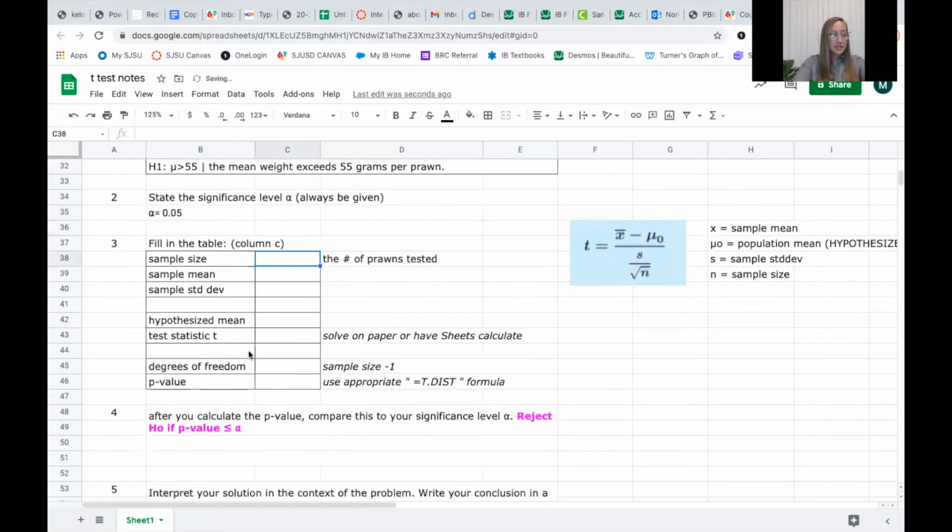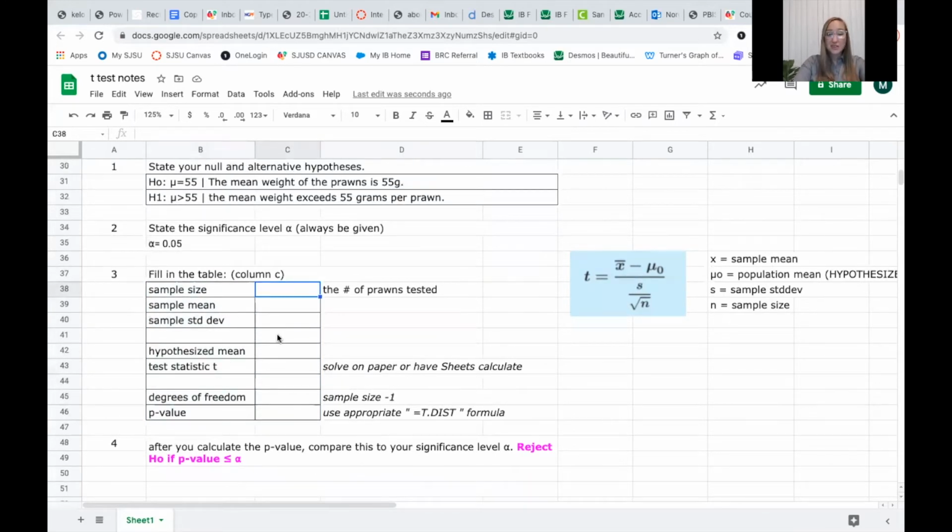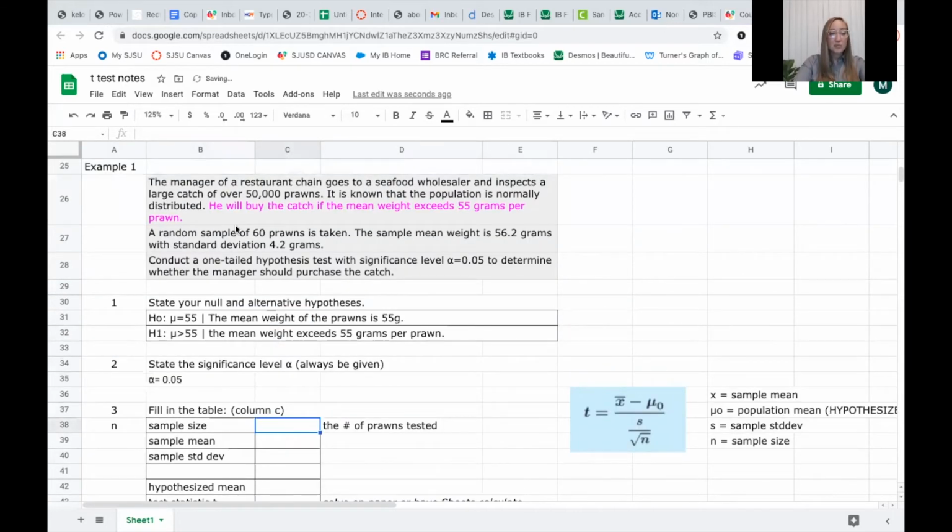All right, and then on our practice Google Sheet, we have a table to fill in. So we're just going to fill in our variables. So our sample size, which is letter n, is the number of prawns that we took out and weighed. And in the problem, it tells us we weighed 60 prawns. The sample mean is the average that we get from our test.